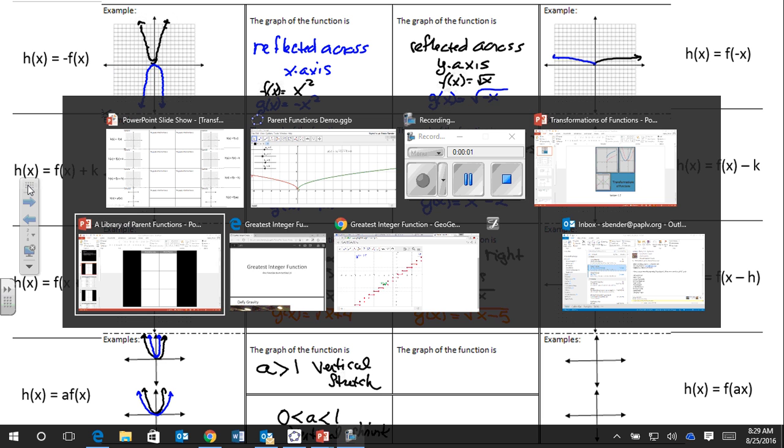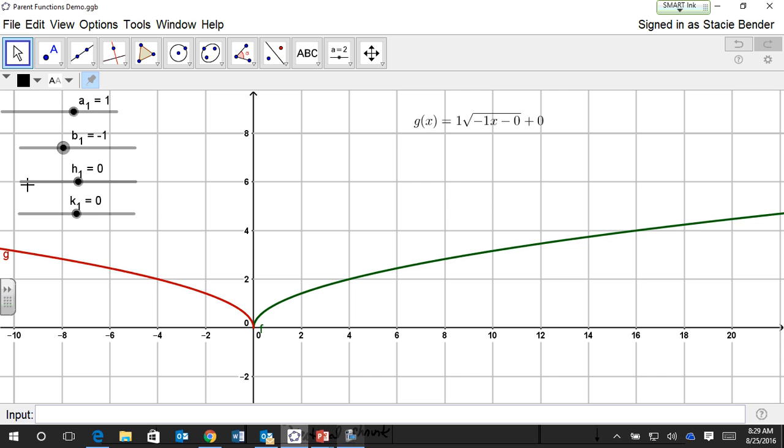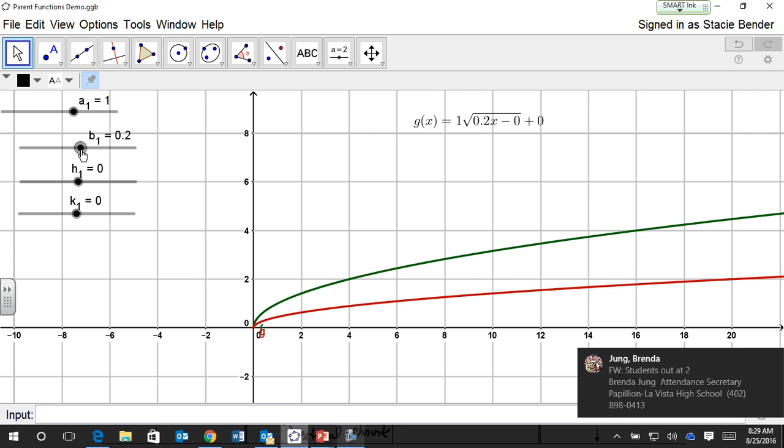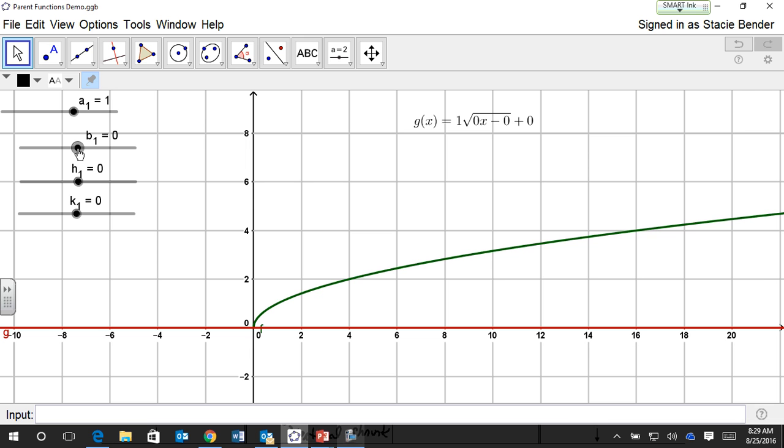Let's go back to GeoGebra. Okay, so now we're looking at this b guy. And we don't want it to be negative anymore. We want it to be a number between 0 and 1. So here's 0. Watch what happens when it's a fraction.